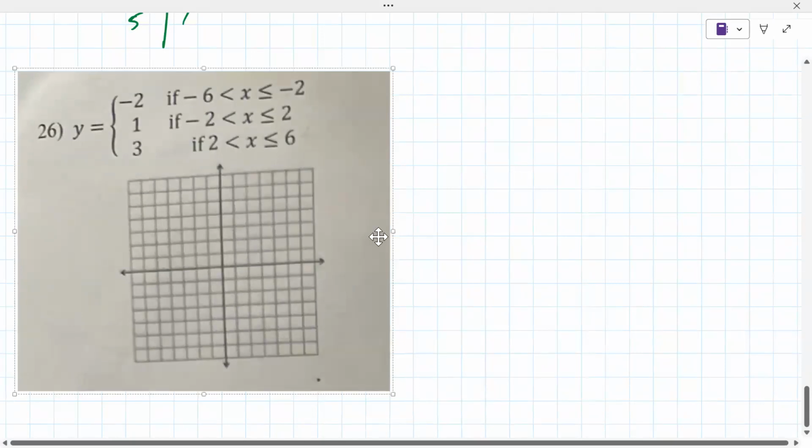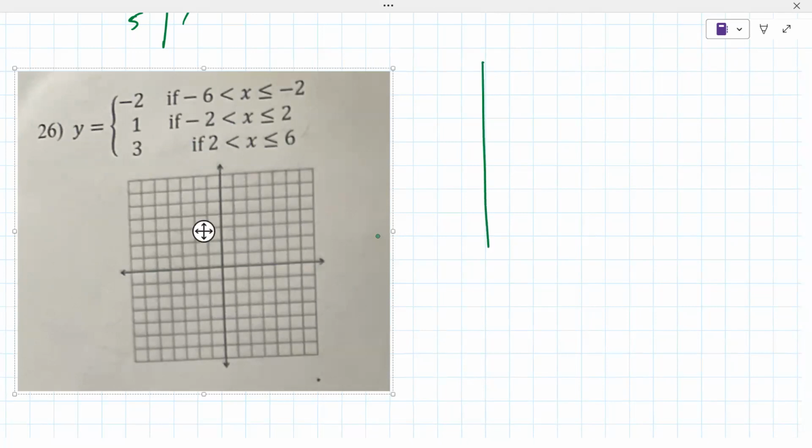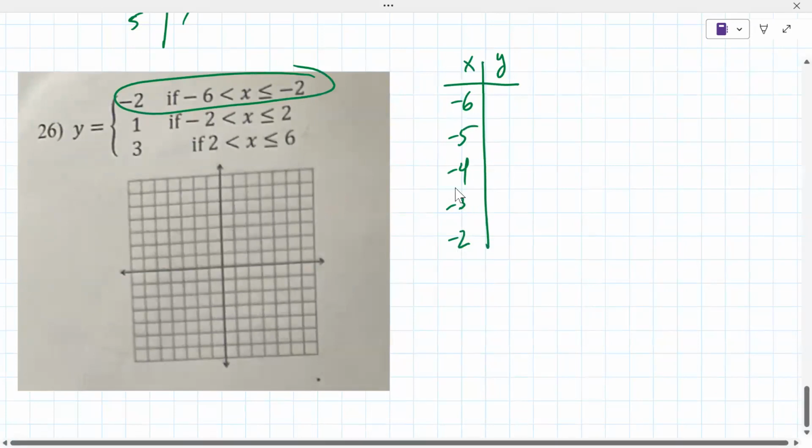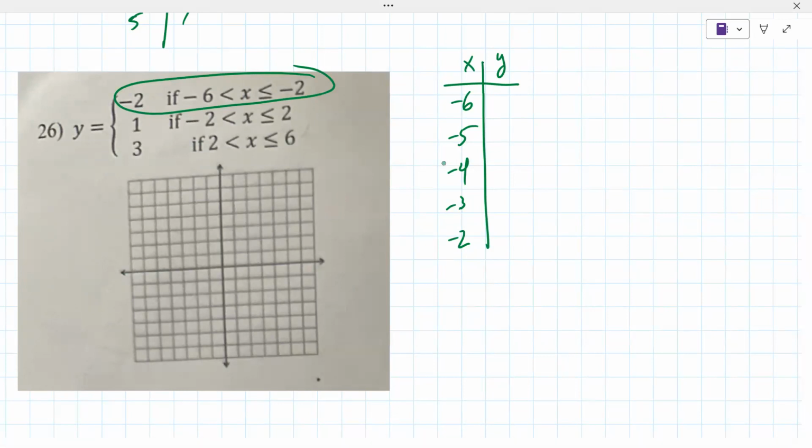Okay, so just like the previous ones, you're going to make a table for each. So we're going to do that for the first one here. This one goes from -6 to -2. So you could actually put in all of those X values if you wanted. Sometimes you only put in the endpoints. This is an open circle. This is a closed one.